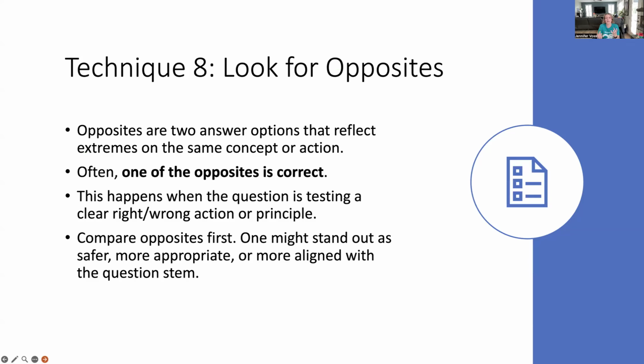Those are opposite and they can't both be right. If I had stop, go, and twirl in circles, I can probably rule out twirl in circles because 1, it's silly, and 2, we've got these 2 opposites here.